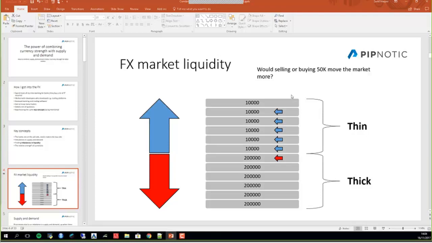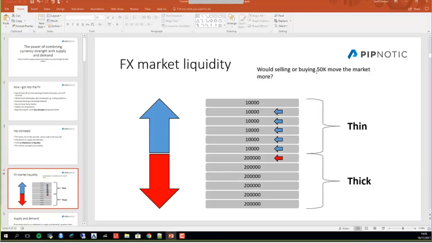So if I ask the question, would selling or buying 50,000 move the market more? Well, you can see very clearly that if we were to buy 50,000, this 50,000 order would consume these first 5 layers, each containing 10,000, because in order to fill my order, I would have to consume this level, this level, this level, and this level.